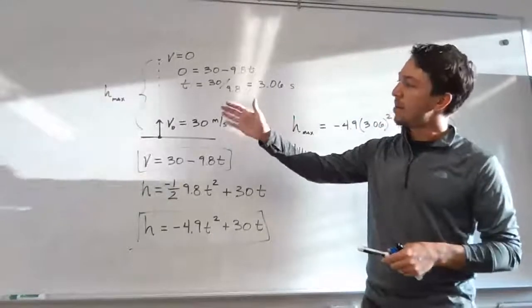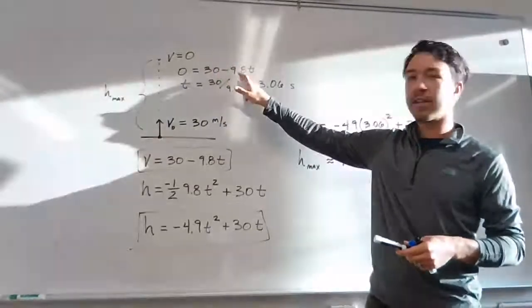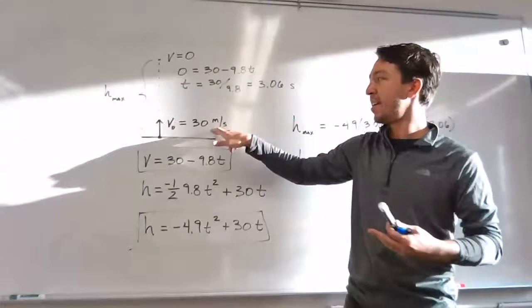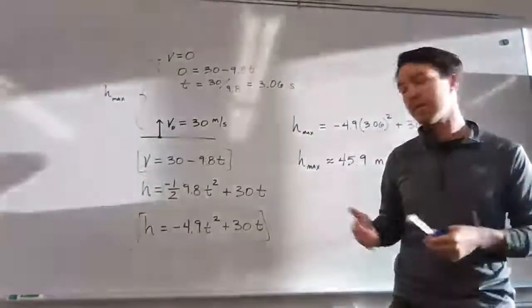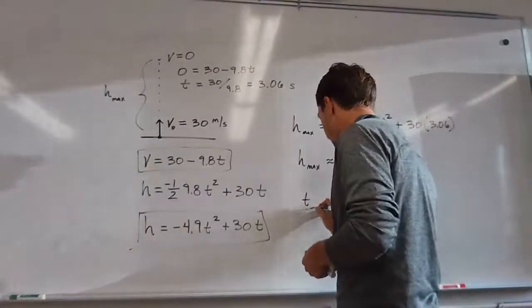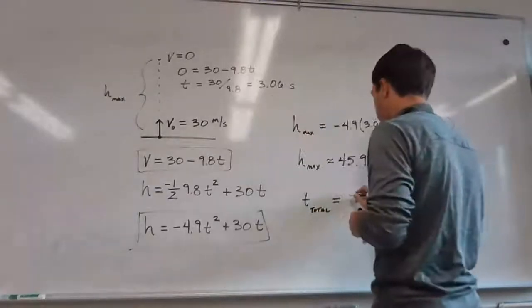But if you think about the math of it, you're going from 30 to 0 at a constant acceleration. So wouldn't it take the same amount of time to go from 0 to 30 at the same acceleration? Like, it's symmetrical. So we know the total time has got to be double this, so 6.12.